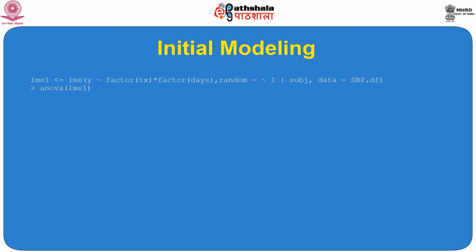useful. Now we have assigned y as SBP followed by the factor Tx, and Tx is considered one of the fixed effect factors, multiplied with the factor days. So days is also considered here as a fixed effect factor, because day-wise and treatment-wise there were not any changes across the subjects, so these were fixed for all individuals.